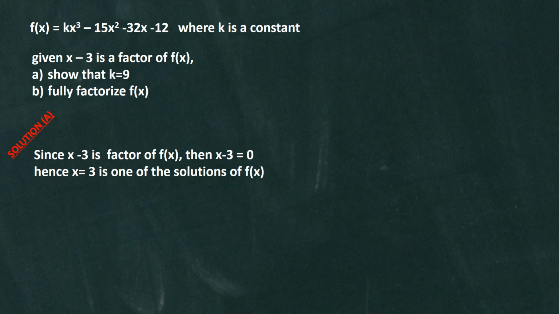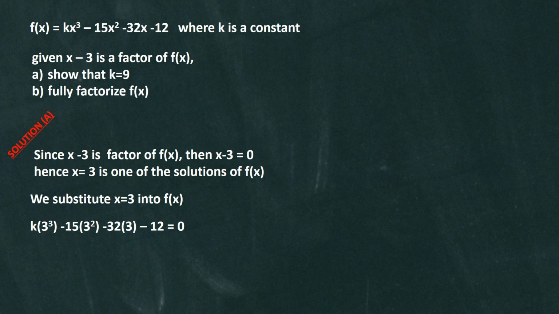So we're going to substitute x is equal to 3 into the function f(x). So where there is x, we're going to put 3, and that is going to give us k multiplied by 3 cubed minus 15 multiplied by 3 squared minus 32 multiplied by 3 minus 12 equals 0.